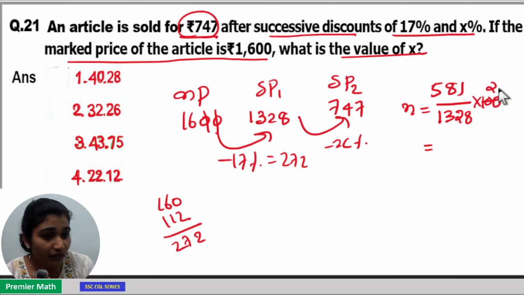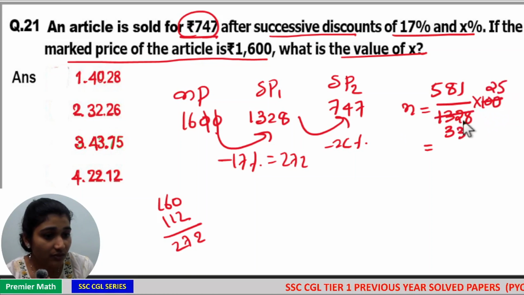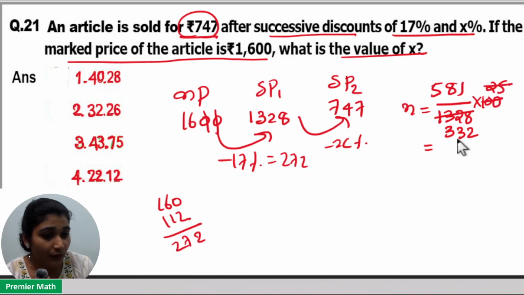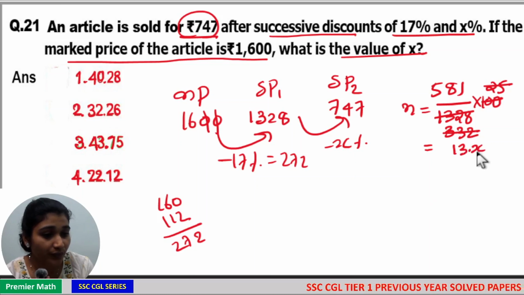4 goes 25 times in 100, and 4 goes 3 times in 12, 3 times in 12 and 2 times in 8. 25 goes 4 times in 100, then 4 into 3, 12 times in 300, then 13 times in 332. This is around 13 point something. We don't know.